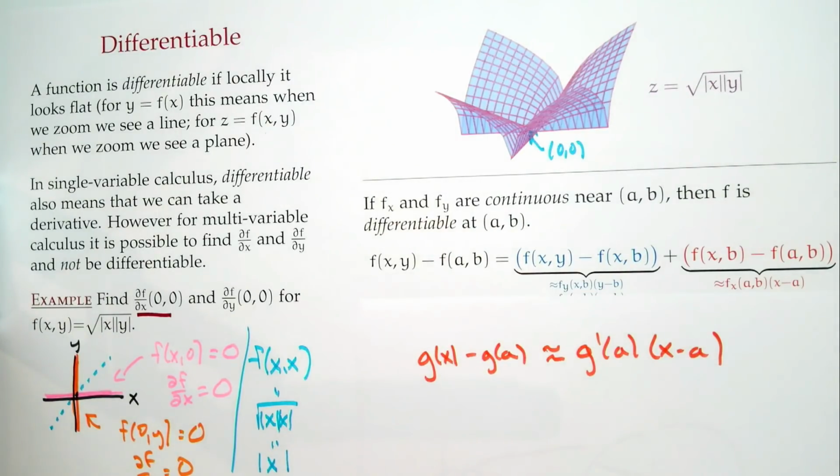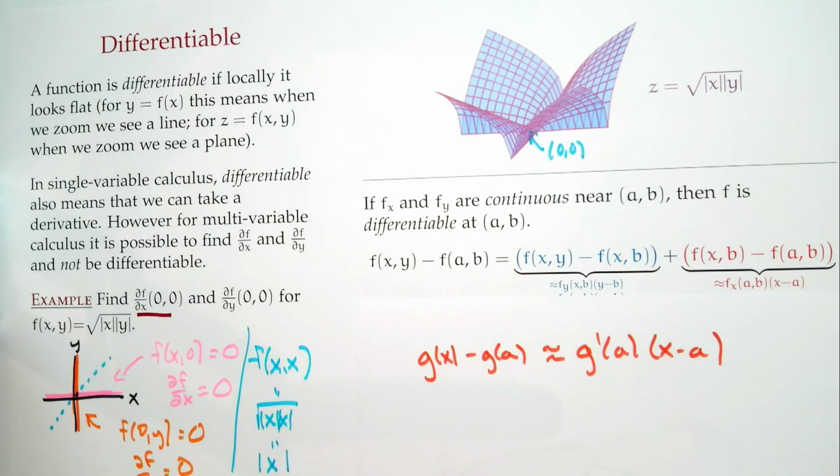In the second term, they disagree in the first slice. So here I'm going to think about, I'm looking at the slice y equals b. I'm going to say, okay, if I'm in y equals b, I'm holding my y coordinate fixed. Now I'm looking at a perturbation in just the x direction. So I'm asking for a partial derivative with respect to x. And I can say, well, this is approximately f sub x at a, b times x minus a.